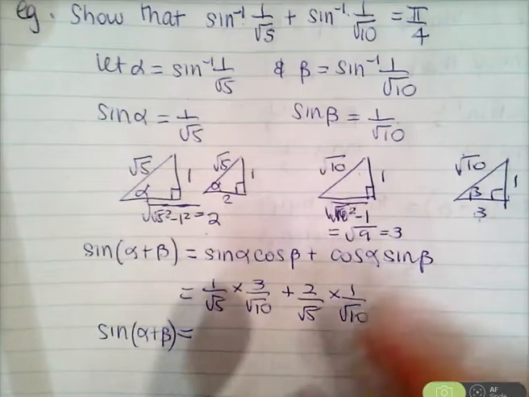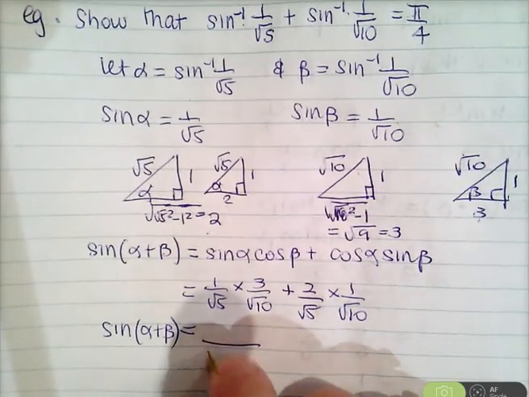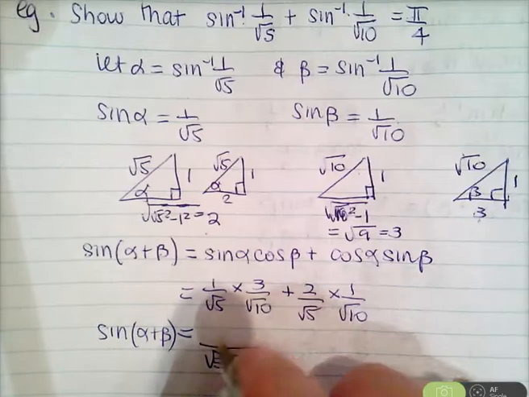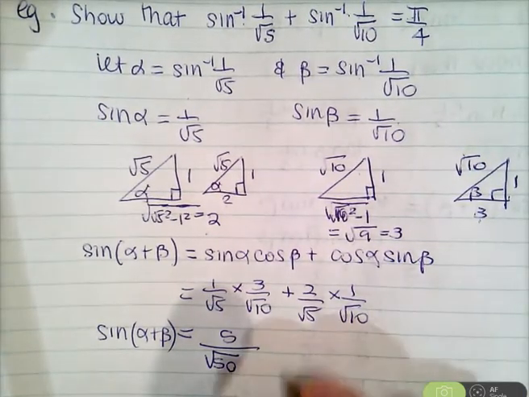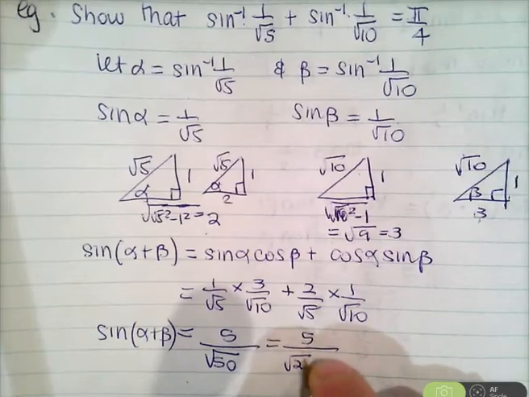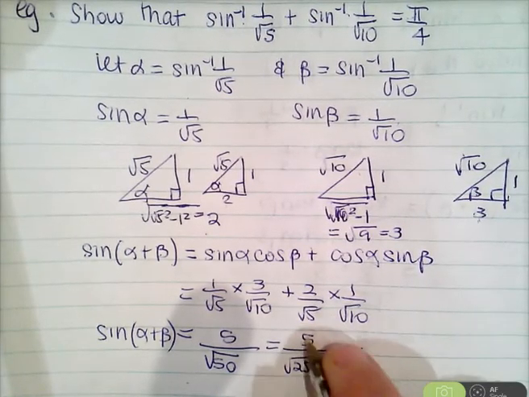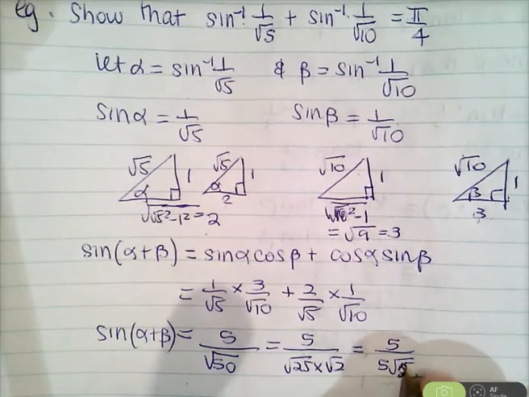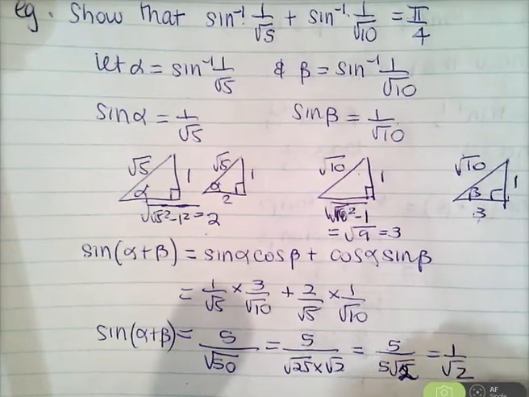is, the denominator's root 50, because it's root 5 times root 10 for both of them. And it's 3 plus 2, which is 5 on root 50. Now root 50 is root 25 times root 2, which is 5 over 5 root 2, which is 1 on root 2.